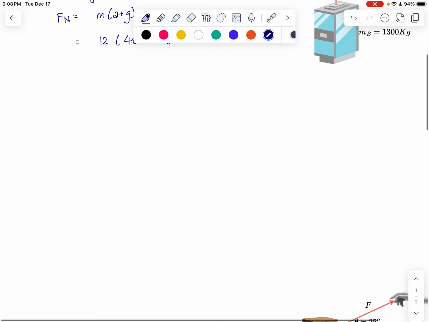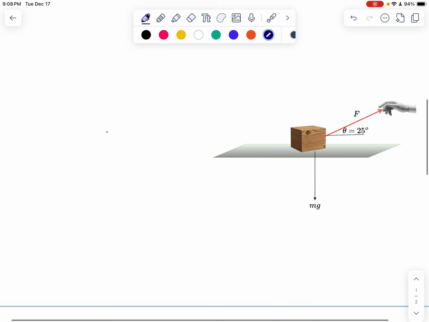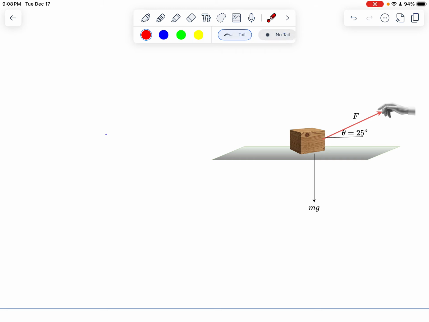So let's look at another problem. Here we are pulling a block of wood with a string attached to it, and the angle that the string makes with the horizontal is 25 degrees. We want to find the acceleration of the wooden block. The mass is given: m equals 5 kilograms.